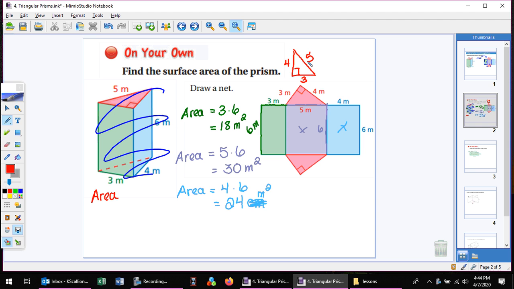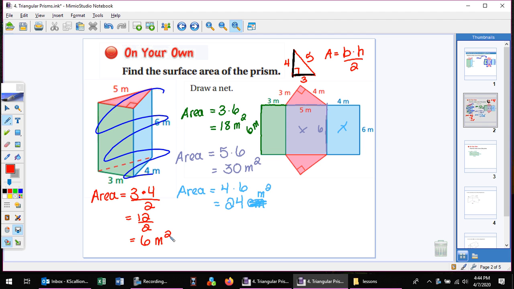The area of a triangle is base times height divided by 2. The base would be the bottom, and the height would be the vertical distance here. So 3 times 4 divided by 2 is 12 divided by 2, which is 6 meters squared.